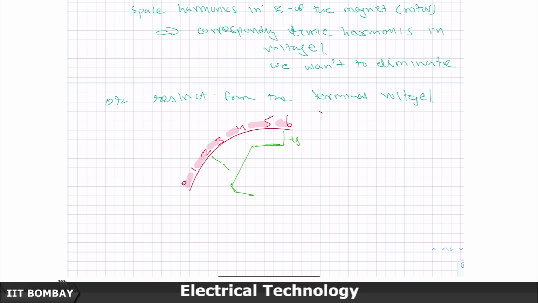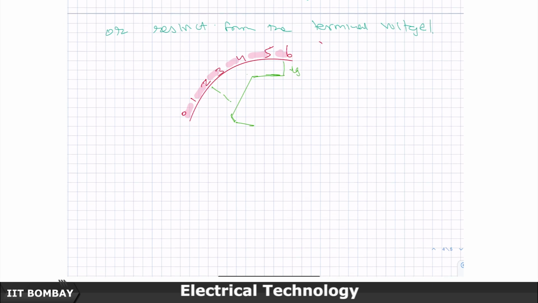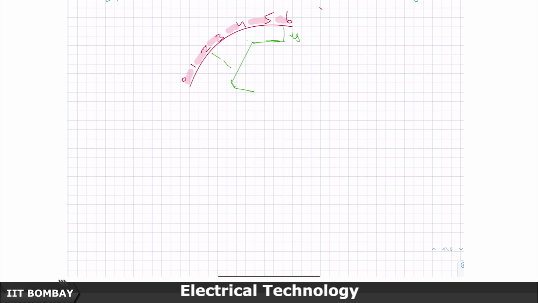So, if this is Lg, then if I want to plot the B waveform, I am expanding it here: 0, 1, 2, 3, 4, 5 and 6, and say lines of flux are 100 somewhere here.